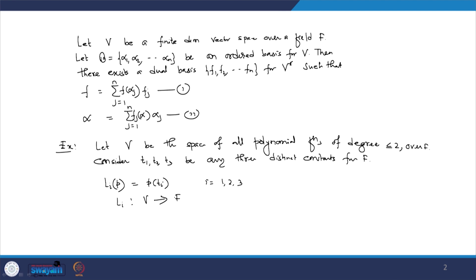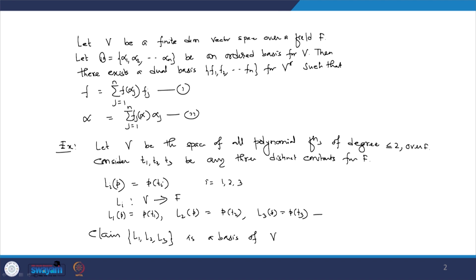In my last lecture, we have already seen that each Li, the way I have defined it, is a linear functional. So, I have 3 linear functionals. This means that L1 of p equals p of t1, L2 of p equals p of t2, and L3 of p equals p of t3. My claim is that the set L1, L2, L3 is a basis of V star.